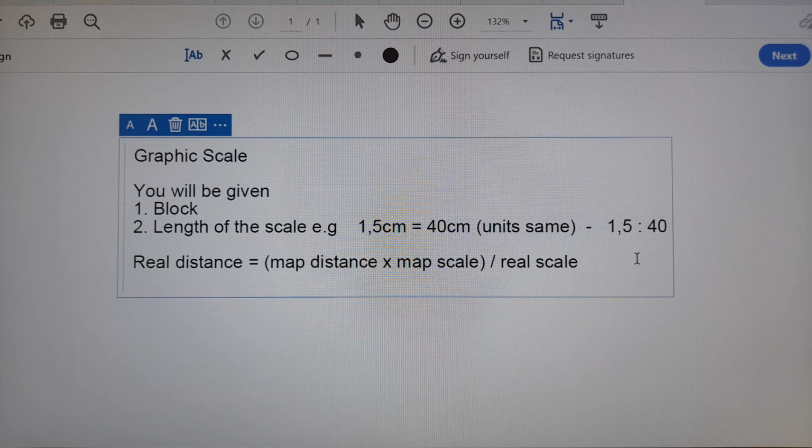But what we note here is that the ratio is not in simplified format like we did with the numeric scale. You don't have to simplify it, but just take note of this.